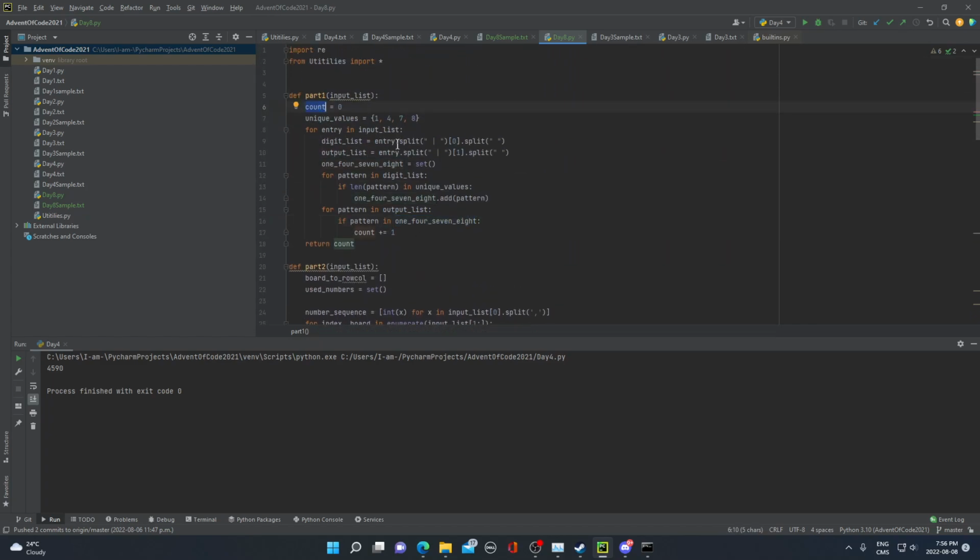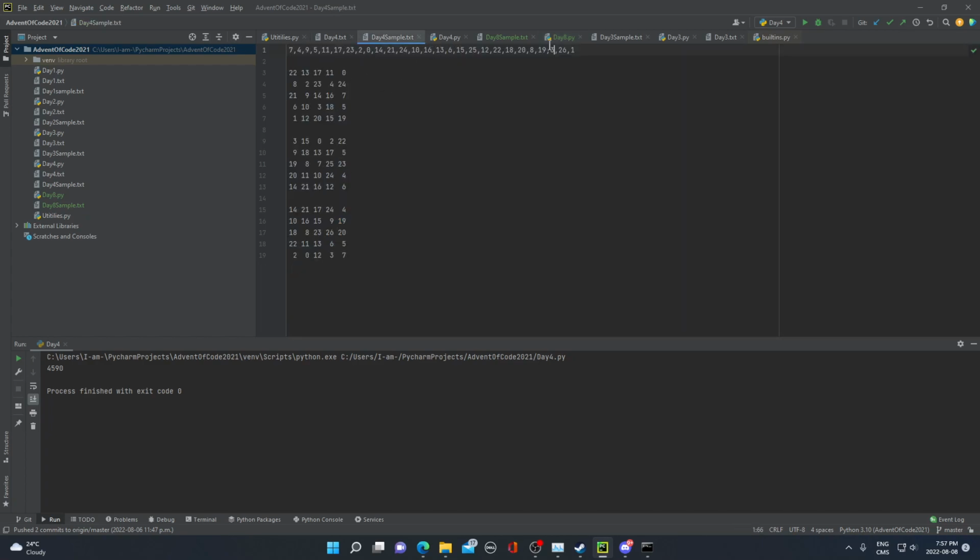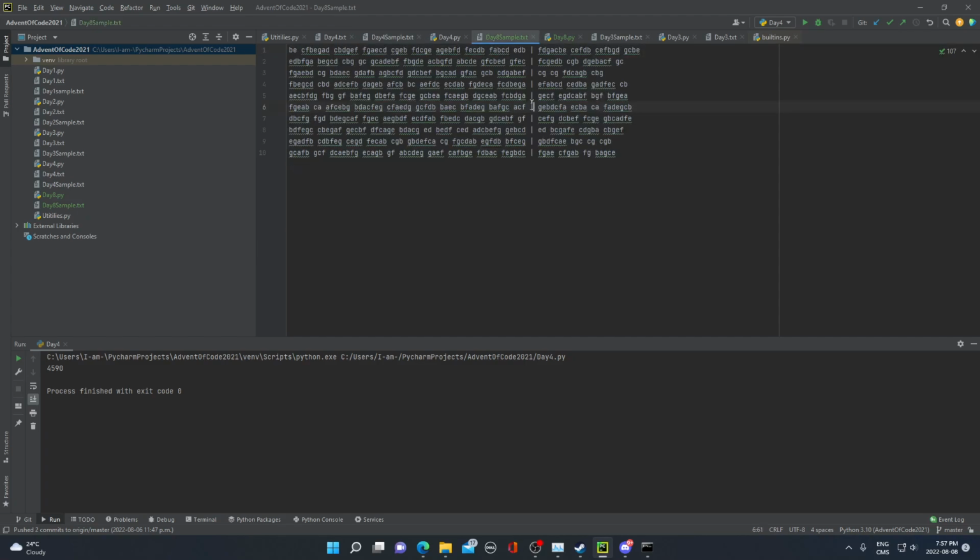Start the count. You go through each entry, you split it by the delimiter, and then you split it again by the spacing. And there's no additional spacing at the end, so I don't have to trim it or anything. So this should work.